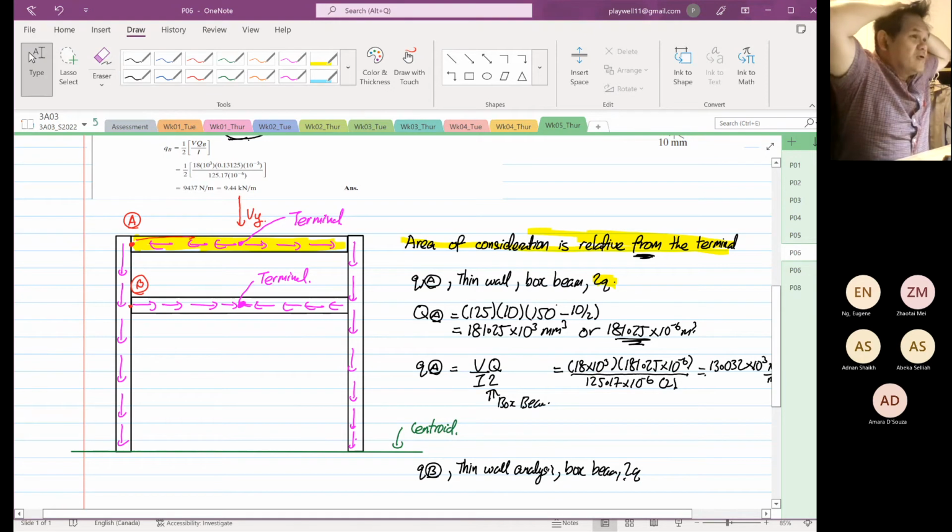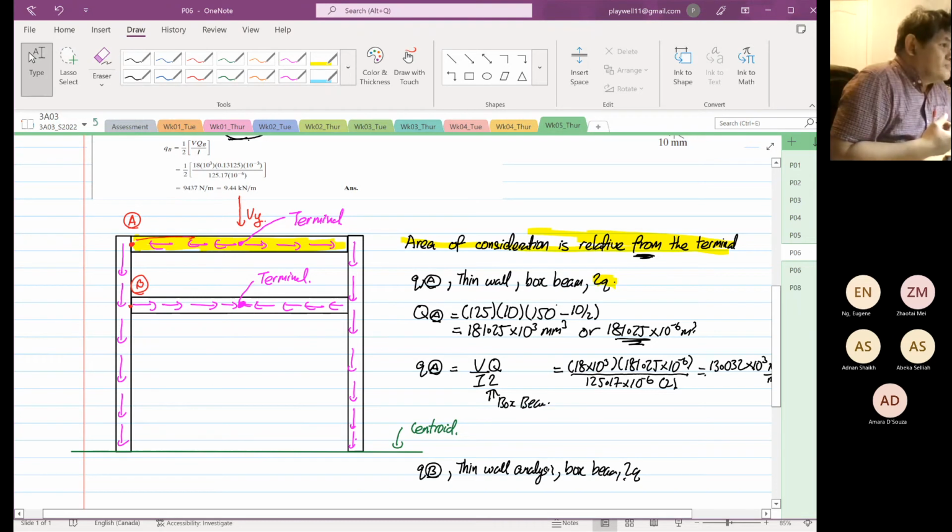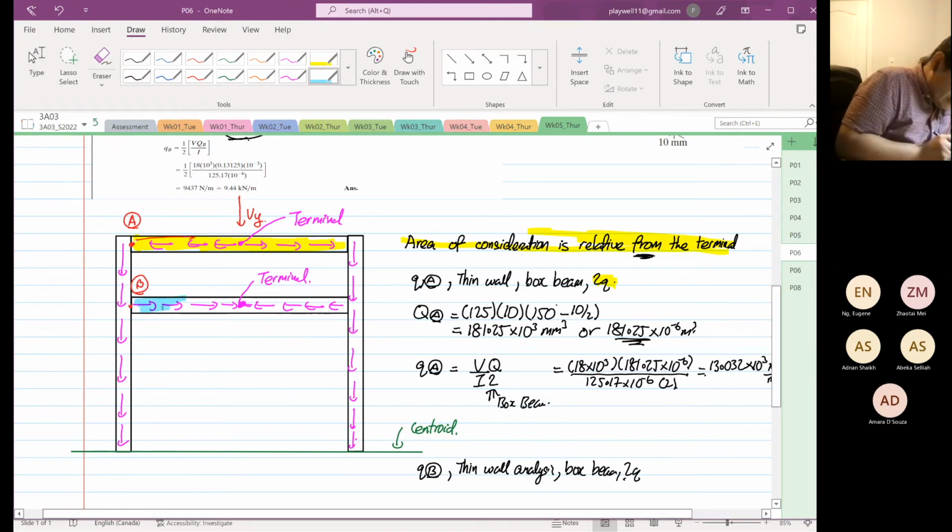Anyone? What is the area to consider? If you read what we have written, the area of consideration is relative to the what? The terminal. Yes, the whole of the second shelf. Well done. So now your area to consider is this, relative to the terminal. So the closest terminal, right?